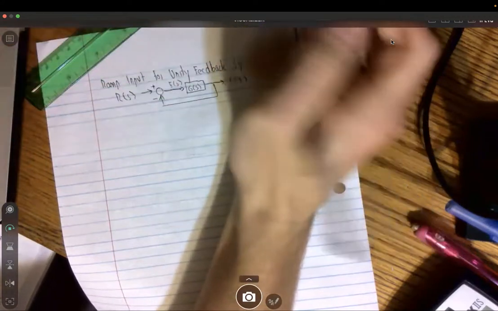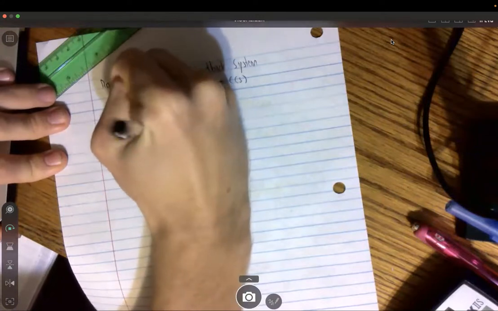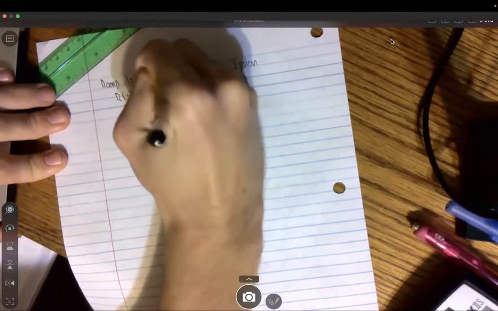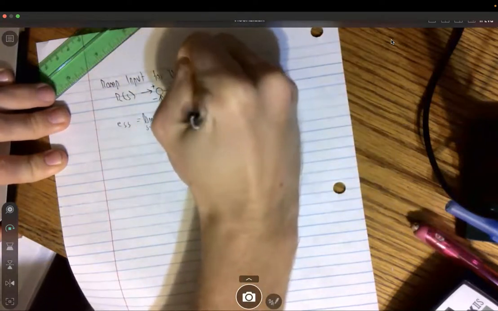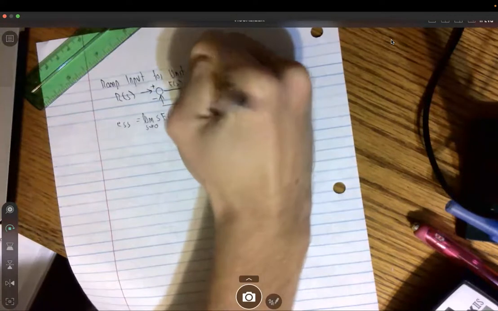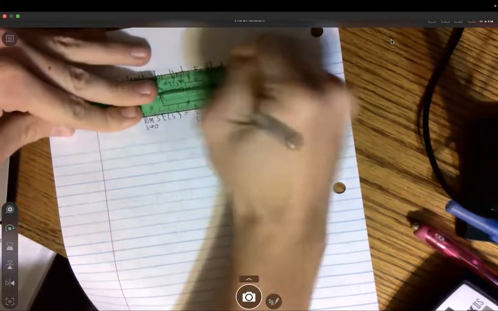And remember your steady state error, always start with this. It's going to be the limit as S goes to 0 of S times E of S. And we know what our E of S is, recall from the previous example, it's going to be 1 over 1 plus G of S times R of S.